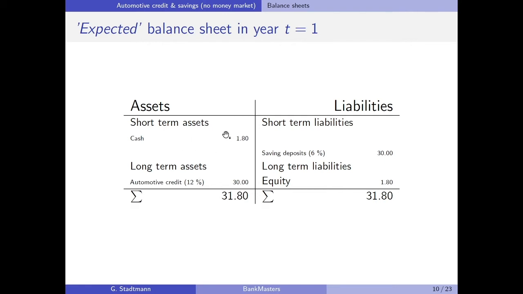So when we actually sum this up, we end up with 31.8. And the liability side is also equal to this value because we had saving deposits and we also have equity. The 1.80, which is given as cash and profit out of the solution of this assignment, has to be stated under the equity. So the two sides are again equal to each other.